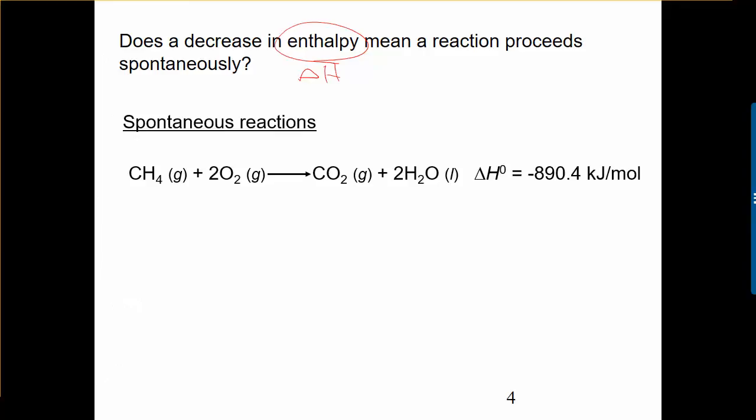Here we have methane plus oxygen produces carbon dioxide and water. Delta H is equal to negative 890.4 kilojoules per mole. We determined that because the formation of the products minus the formation of the reactants gives us negative 890.4 kilojoules per mole.